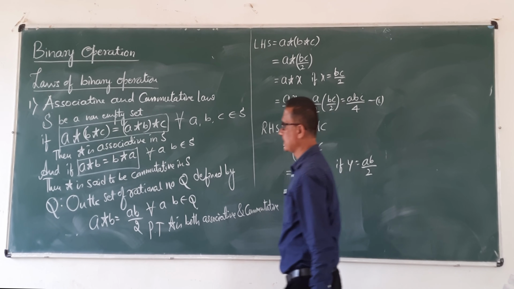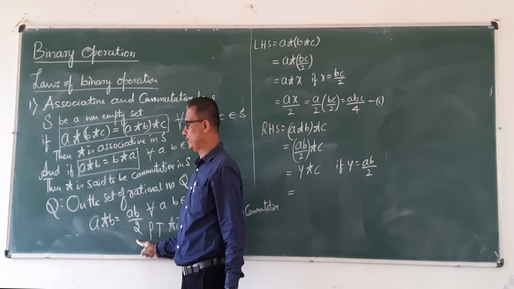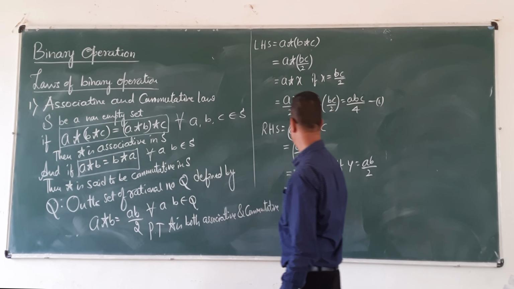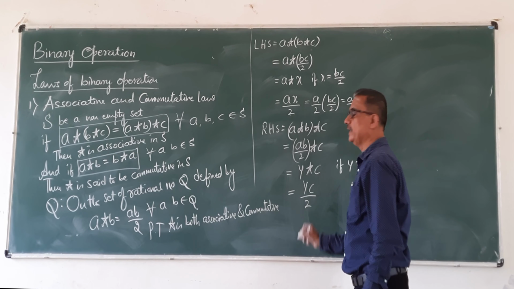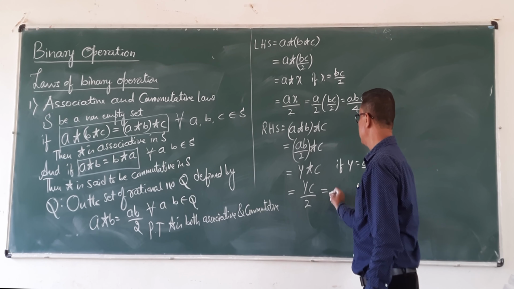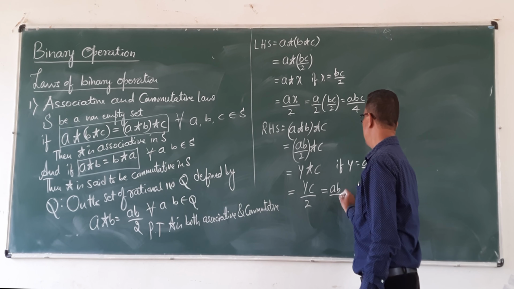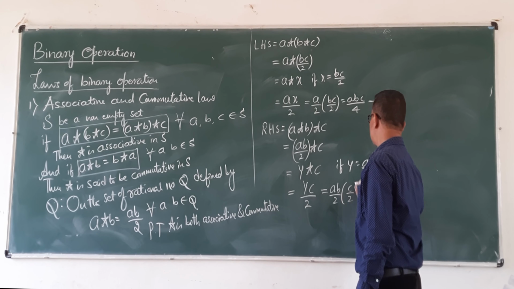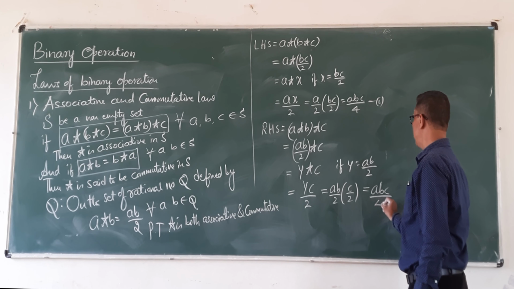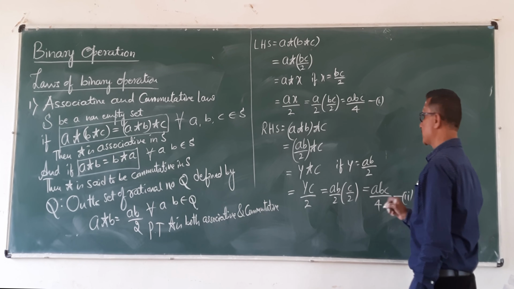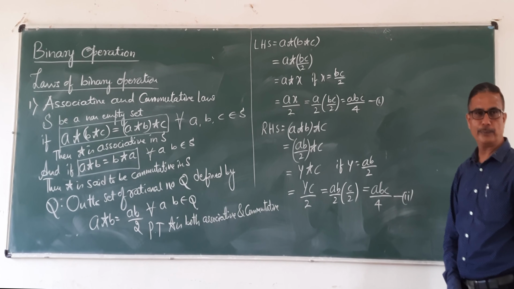Since A star B is equal to AB upon 2, instead of A and B, here Y and C. What is Y star C? Here I will get YC by 2. Right? That is equal to the value of Y, AB by 2 into C by 2. That equals ABC divided by 4. Equation 2. Again this is the form P by 2.